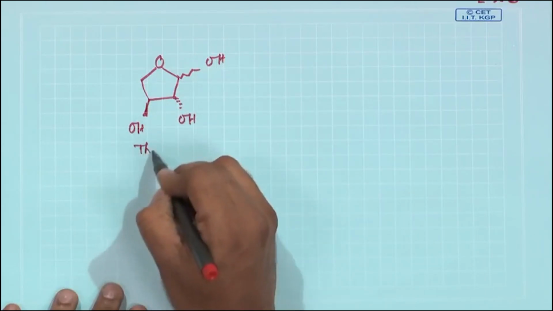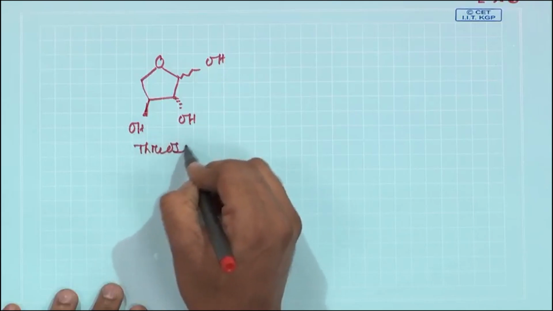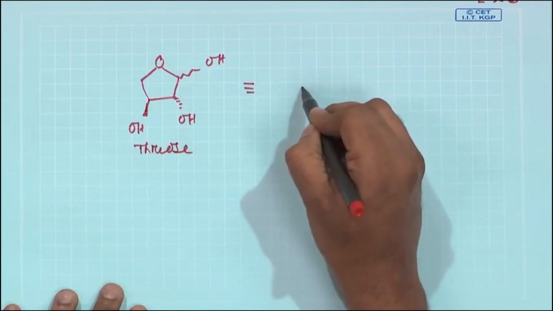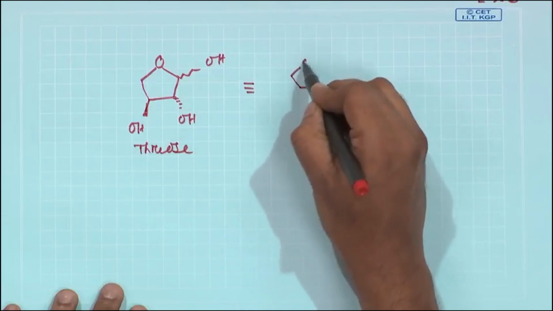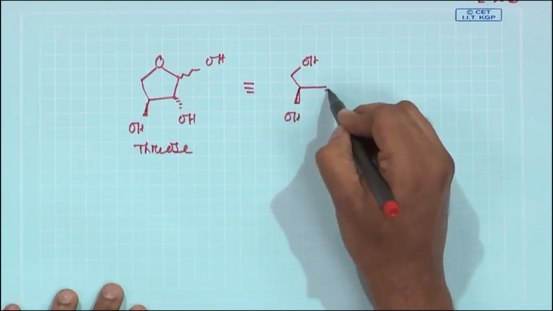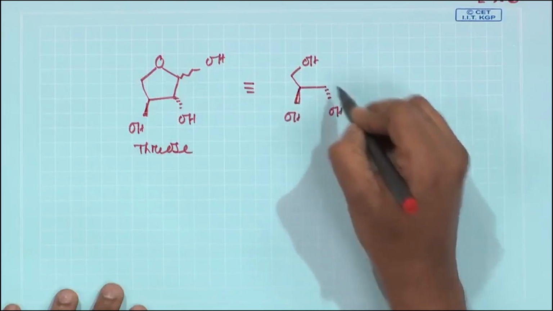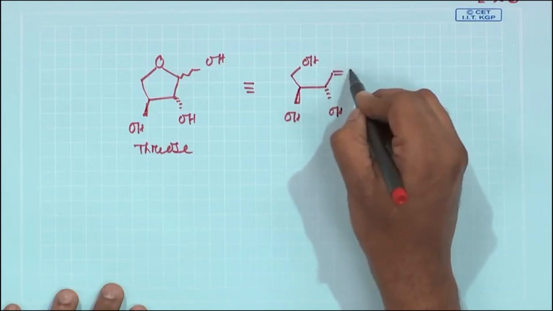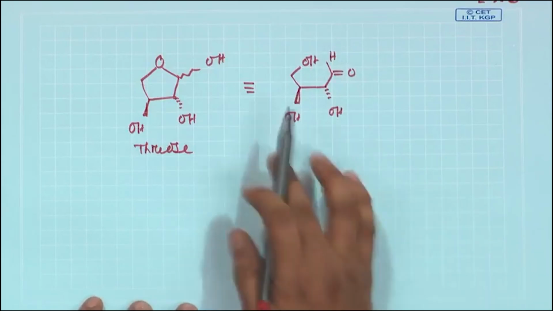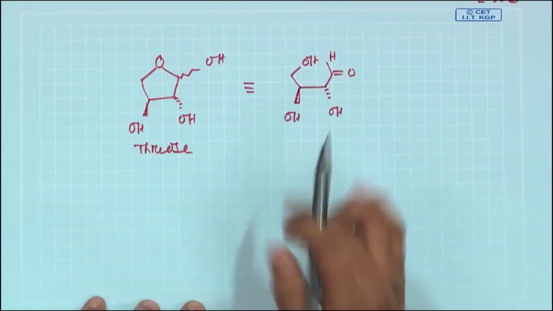This carbohydrate is basically threose. If you write the linear structure, it is CH2OH, an OH here, an OH here, and a CHO. So, this is threose.